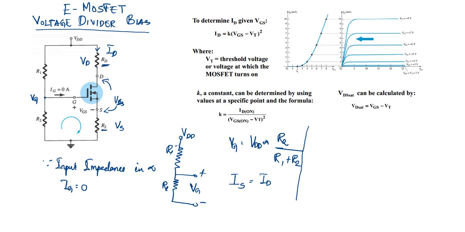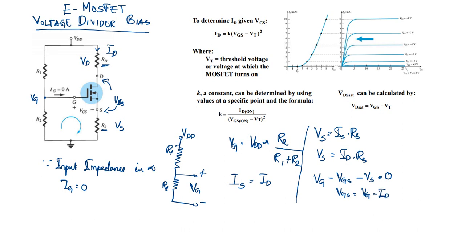Therefore, Vs is equal to Is into Rs, and since Is is equal to Id, Vs is equal to Id into Rs, right? And what is VGS? Writing Vg minus VGS minus Vs equal to 0, from this you can get VGS. VGS is equal to Vg minus Id into Rs, right?